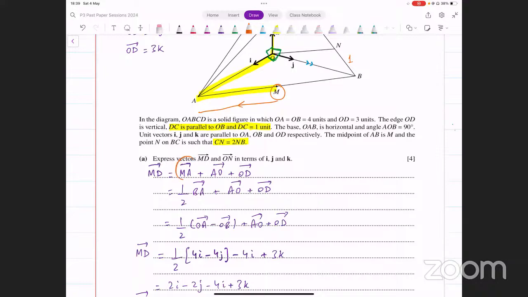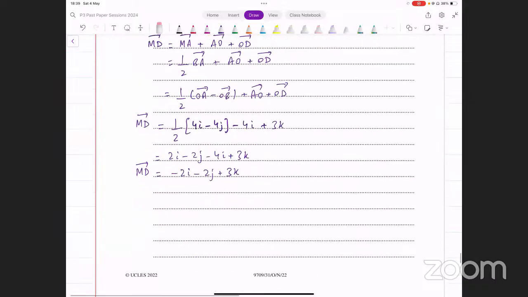That's the vector that we're using here. What's the vector parallel to that in the same direction? It's BA, starting from B, ending at A. So it's not AB, it's BA. All right, towards the left side. Okay. All right, that's the vector MD.